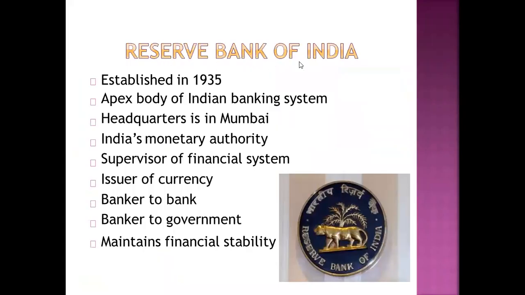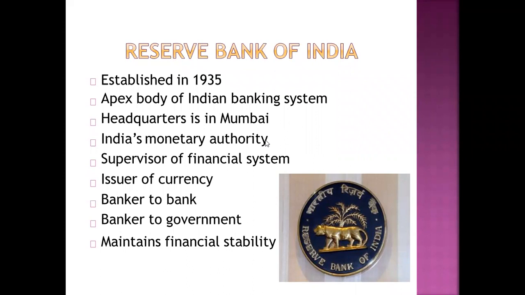First, the RBI. It was established in 1935 and it is the apex body of the Indian banking system. It is the main body of the banking system. The headquarters of the RBI is in Mumbai, and it controls the monetary system. They have authority to control the money and the organization.